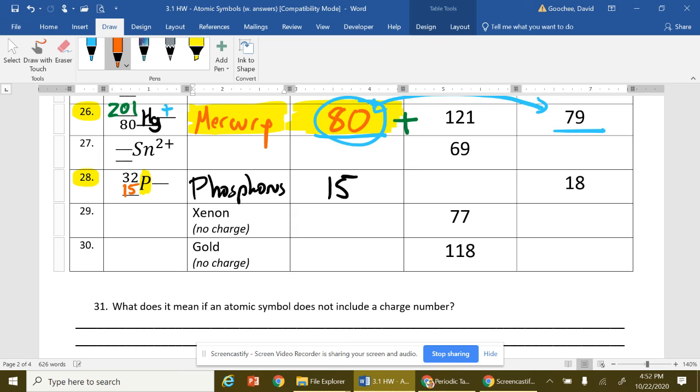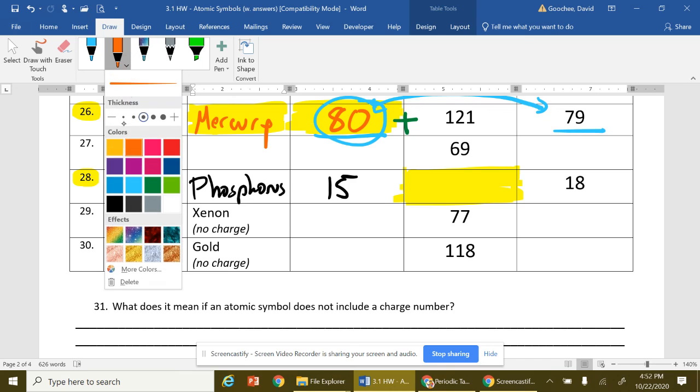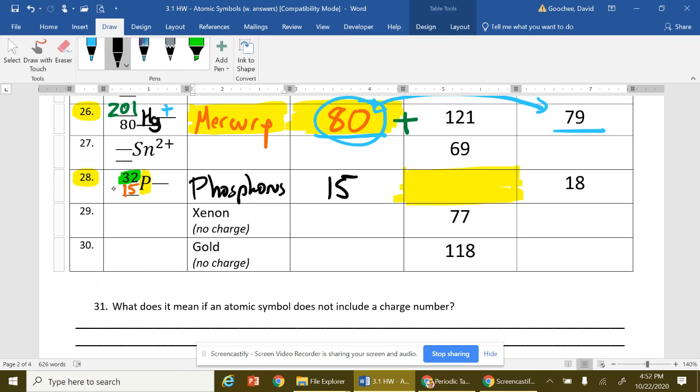Okay? Lastly, the last thing here I need to figure out is how many neutrons does it have? Well, I can see that this thing has a mass number of 32. All right? A mass number of 32. And I also know that the mass is equal to the protons plus the neutrons.